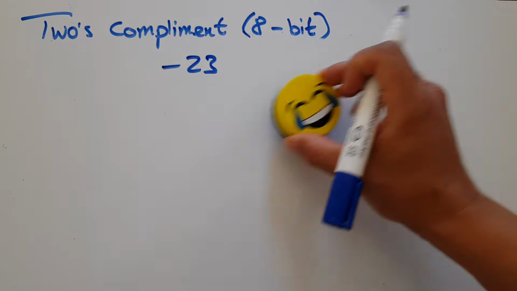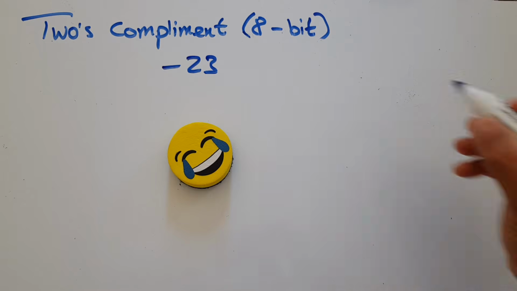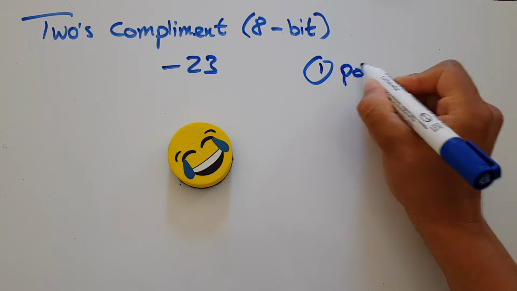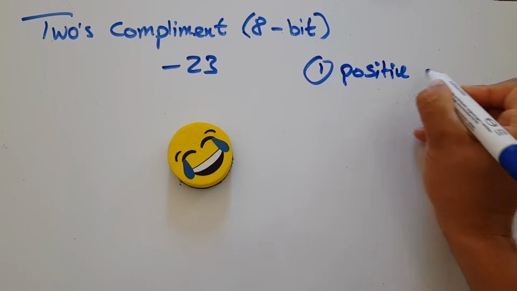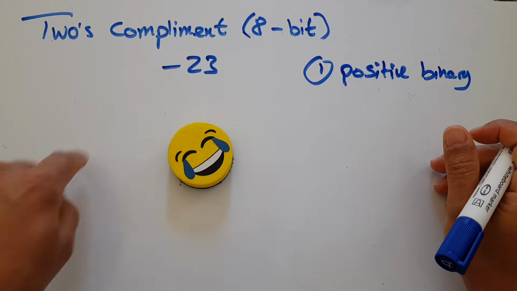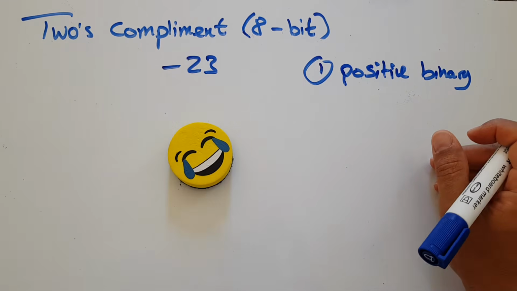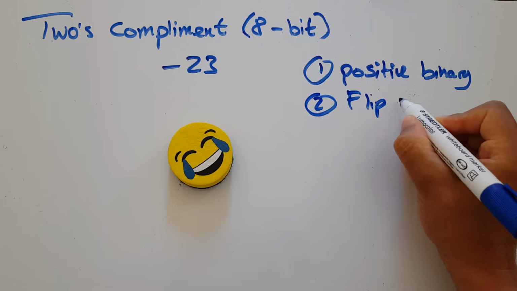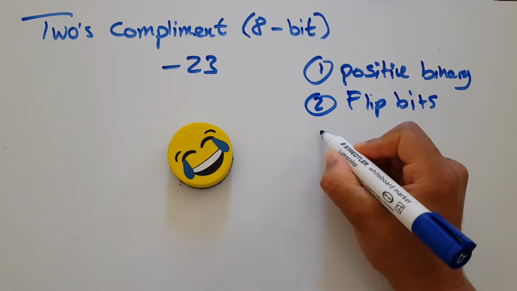Well, there are 3 steps. Step number 1 is we write out the positive binary. So we're going to write out the binary for not minus 23, but actually positive 23. Step 2 is flip the bits, which doesn't require any thinking.